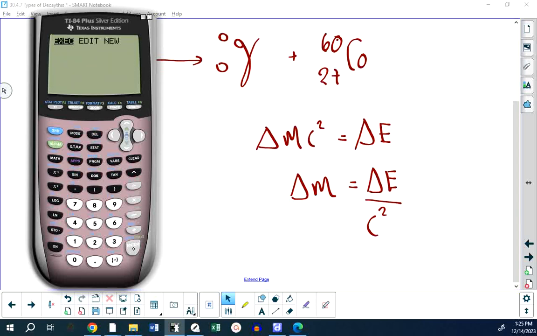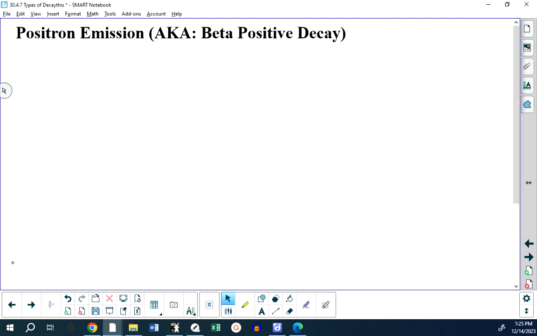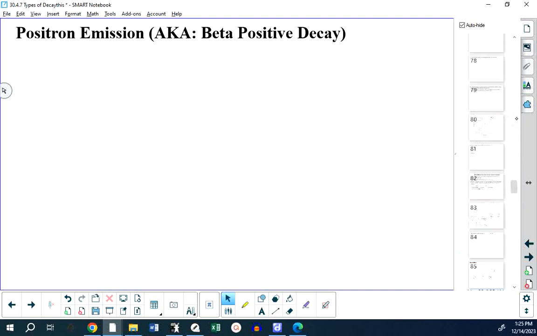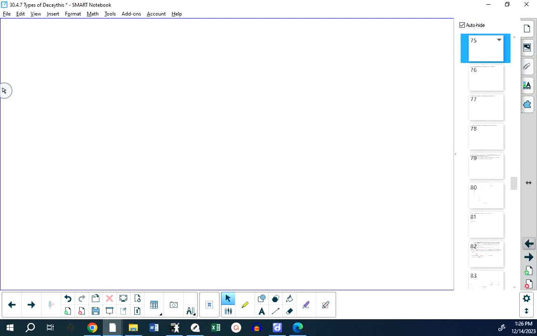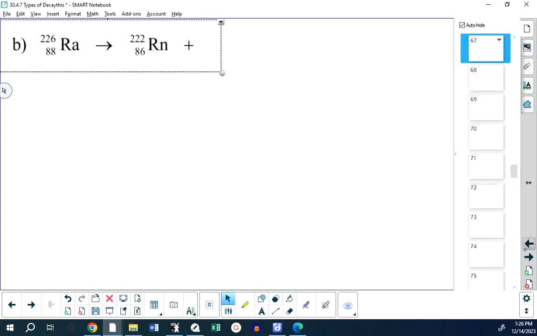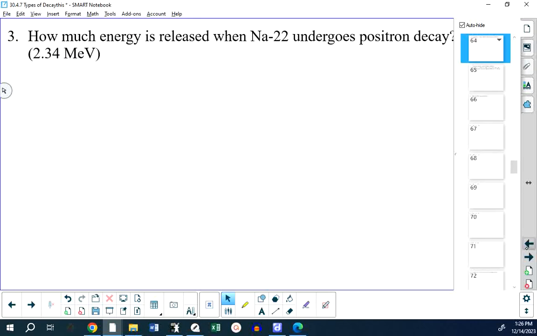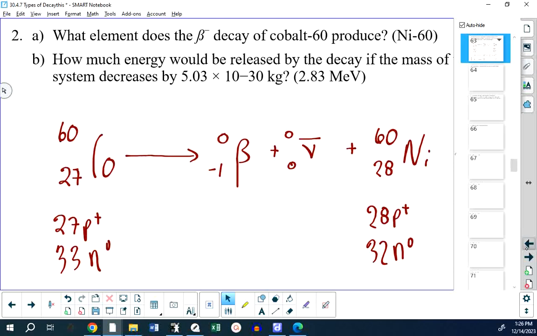Okay, so on to positron emission, or positron decay, or what we call beta positive decay. I don't know if you noticed, but in some of the assigned questions, like number 2, it didn't say beta decay.